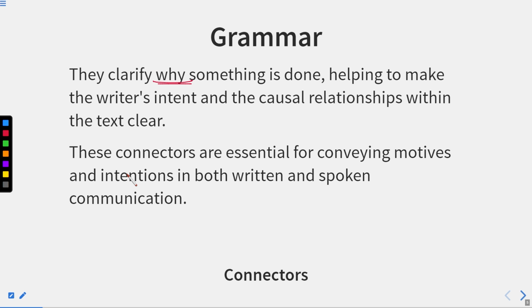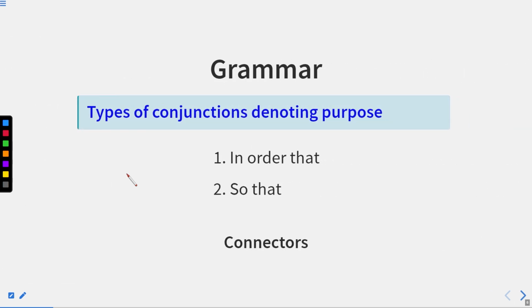So whenever you want to state some reason or intention, or show that this is your motive behind doing this, this is actually the purpose. So if there is a conjunction that introduces the clause that contains the purpose, it is actually the purpose denoting connector.